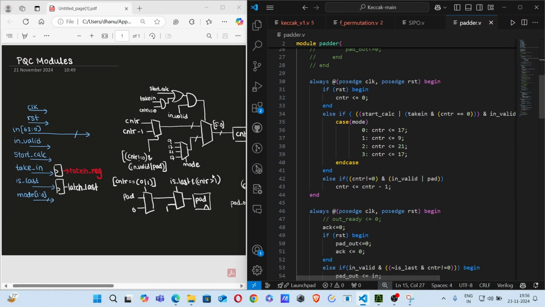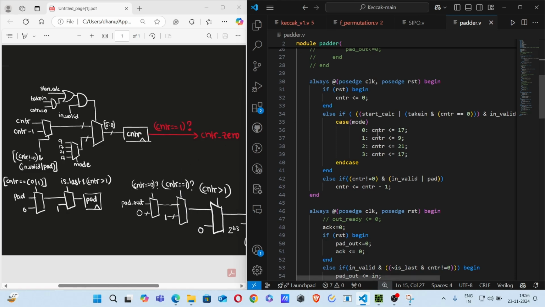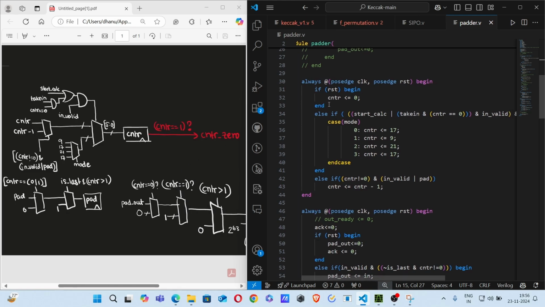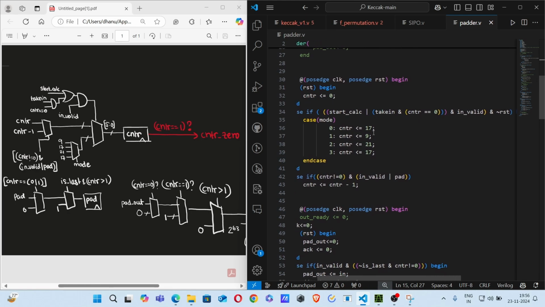Now, let's go into this first always block here. Upon resetting, this counter goes to 0. And whenever there is a new instruction, when start calc is triggered, or the inputs are between R and 2R, then the counter must be loaded in twice because there is a multiple of R now.